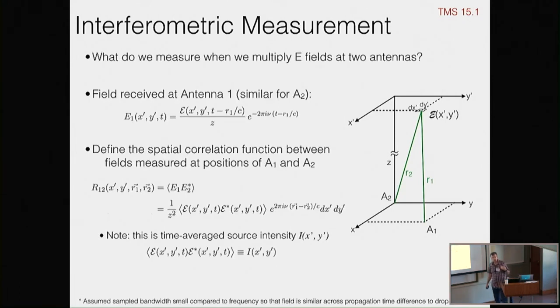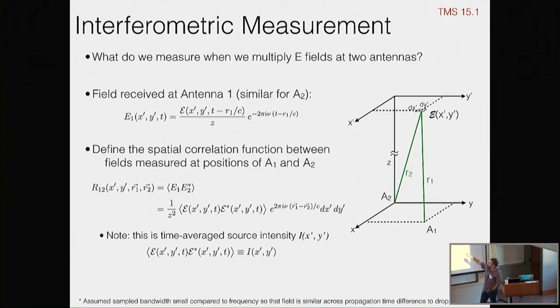So let's do the interferometry thing, right? We're going to take the electric field measured at two antennas, and we're going to multiply them. The equation for the field that we will receive at antenna 1 out here at x and y is the field emitted from this patch of sky at x prime and y prime at a time t retarded by the amount of time it took for the light to get there, divided by z, the distance to the source, because the field falls off like 1 over r.